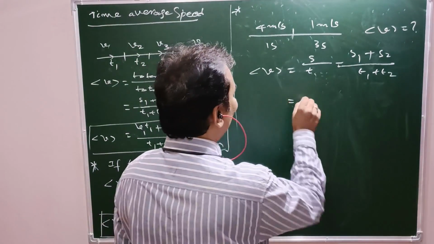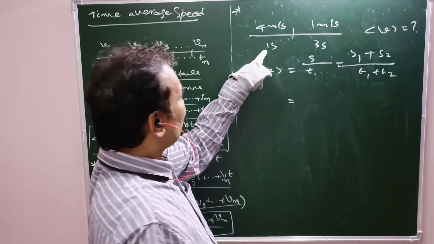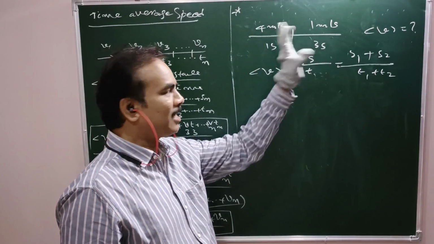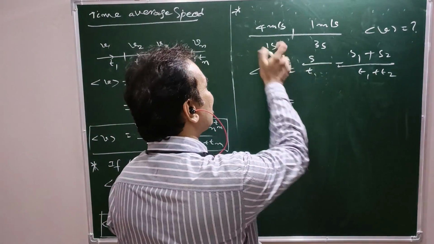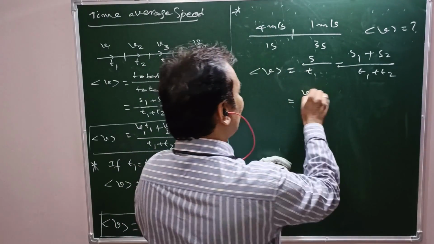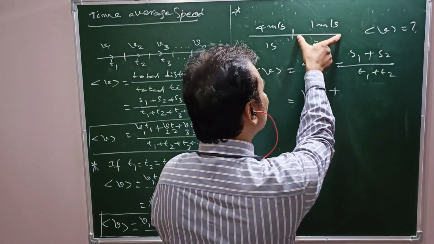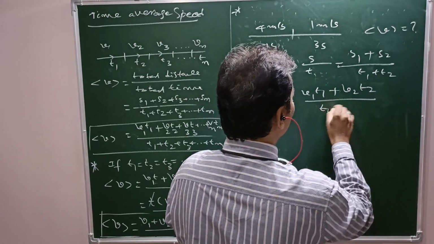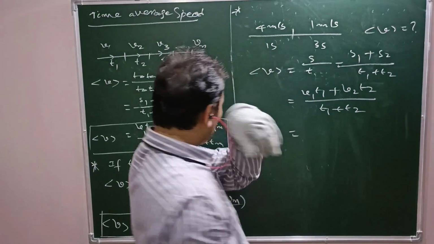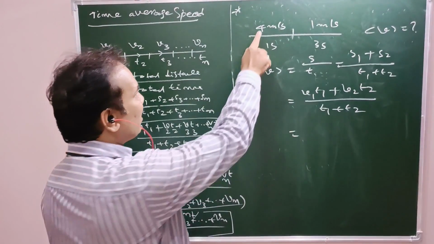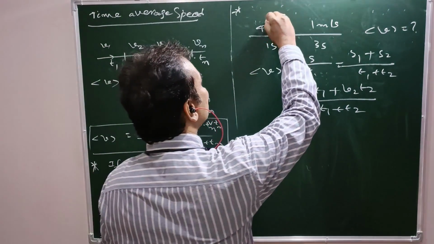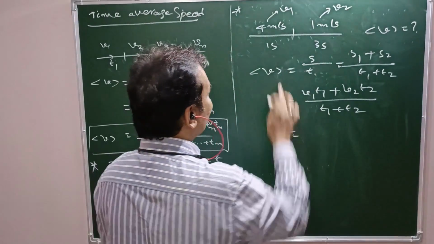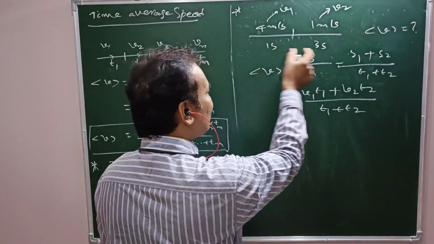So average speed equals S1 plus S2 over T1 plus T2. We don't have distances here, we have only speeds and times. So distance S1 equals speed into time, that is V1 T1, plus S2 means V2 T2, divided by T1 plus T2. Let V1 be 4 and V2 be 1, with T1 equal to 1 and T2 equal to 3.